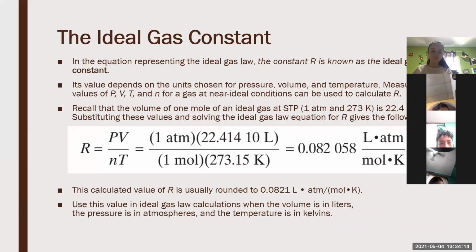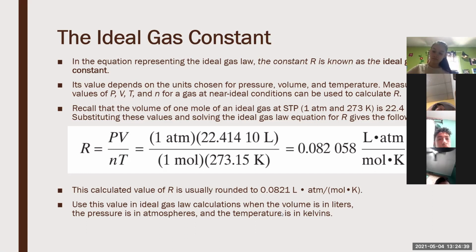Now, to continue with the topic, we need to describe a little bit about the ideal gas constant. The ideal gas constant is called R. In the formula, it's just the letter R in uppercase.